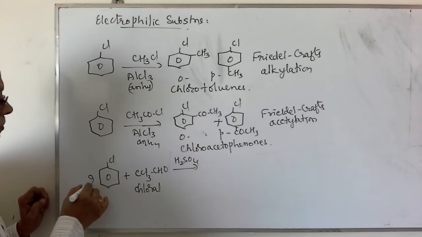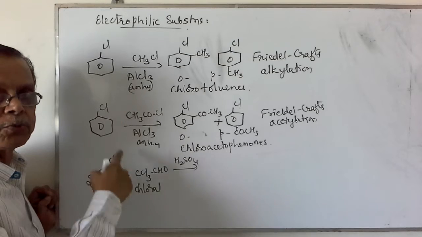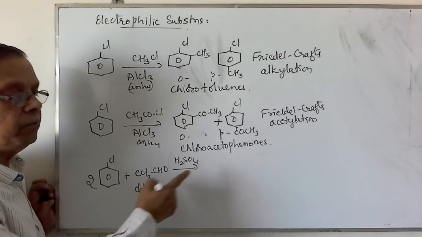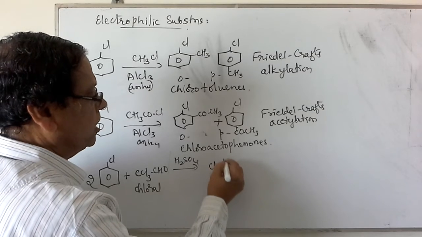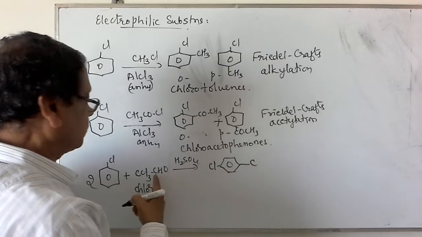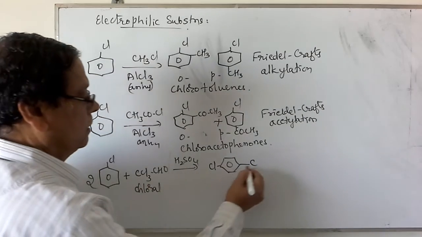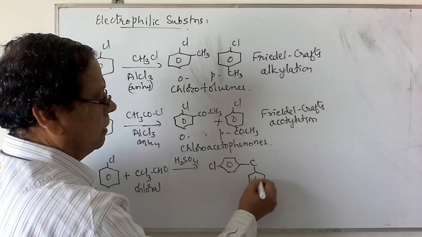Actually, two molecules of the chlorobenzene will undergo reaction. This is not actually electrophilic substitution, but reaction with chloral will give rise to DDT. So it gives rise to ClC6H4, C, this one, C6H4Cl.